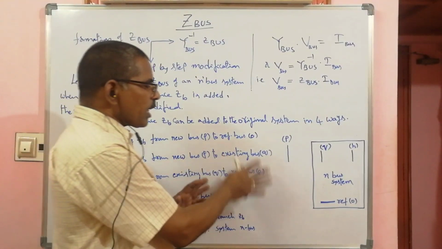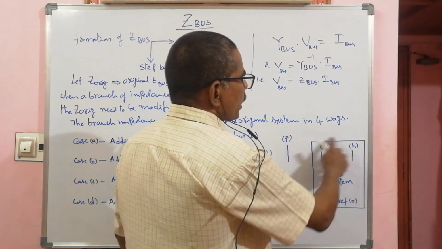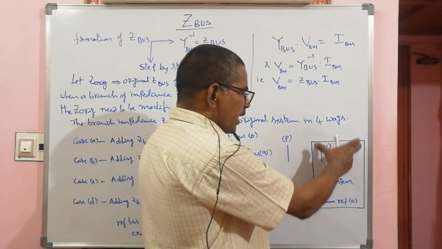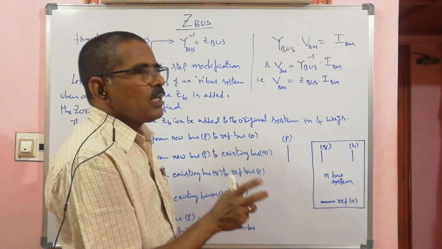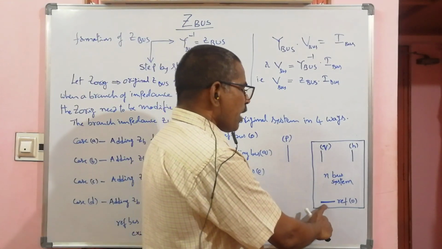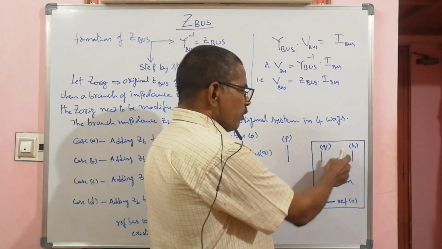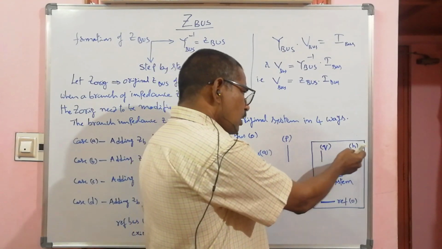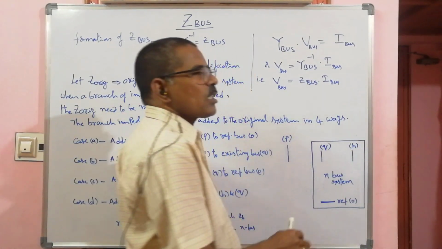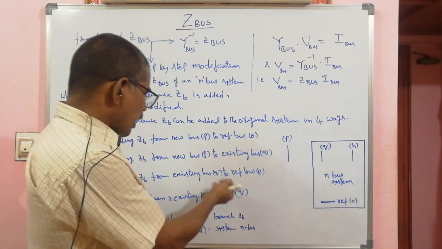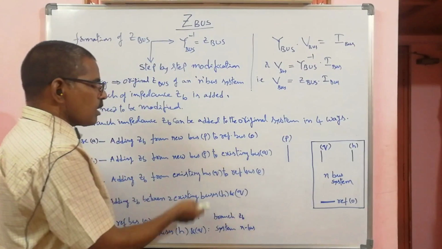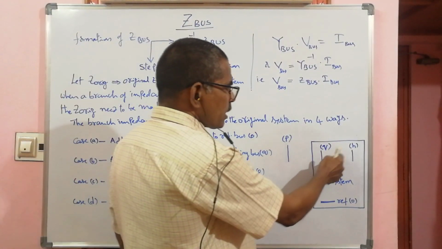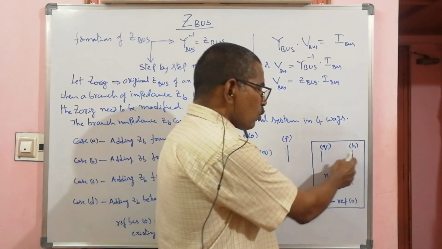Now you can get more clarification here. You see, this is a rectangular box which is an n bus system, let us say. So it is the given or existing system of n buses, which means it will have its own reference, and likewise its own buses, buses 1, 2, 3, 4 etc. Q is an existing bus and H is also an existing bus. Don't think that it has only two buses and reference.